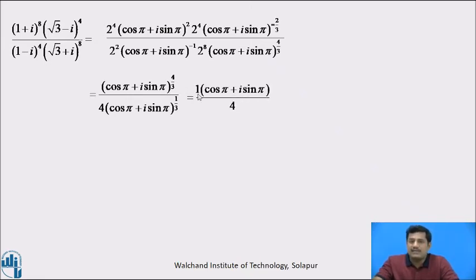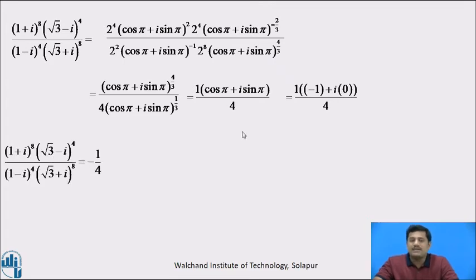So I can write 1 into cos pi plus i sin pi bracket raised to 1, upon 4. Now we know that the value of cos pi is minus 1 and sin pi is 0. And finally, we get the value of this big complex number as simply minus 1 by 4.